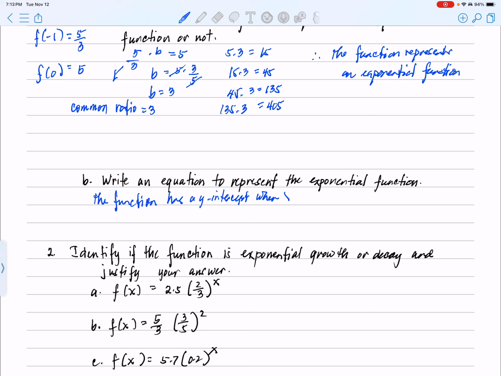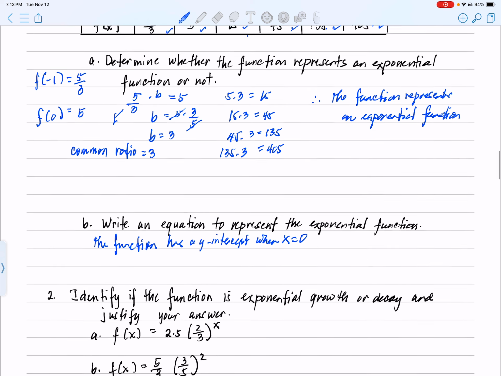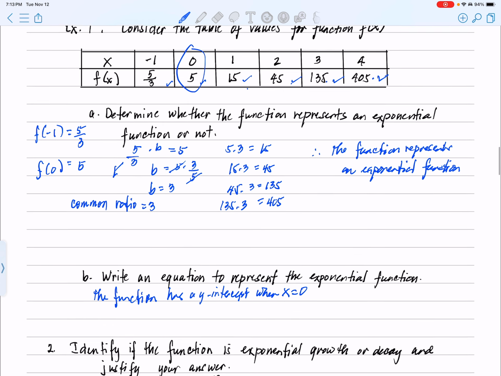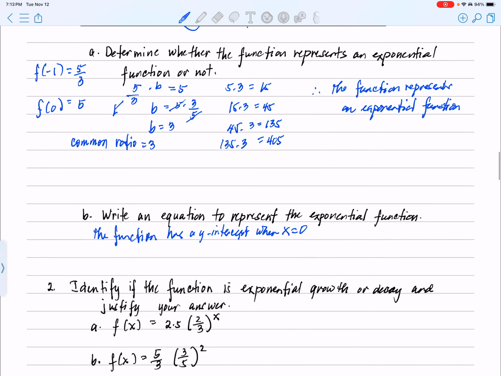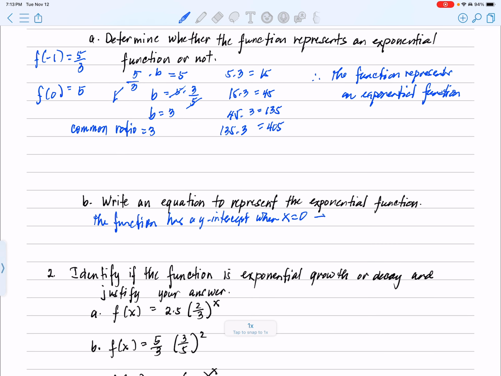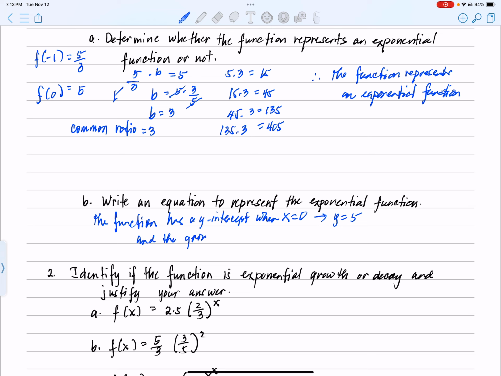Okay, let's look at this table right here. When x equals 0, y is equal to 5. And the growth factor, this is growth because it's increasing. The growth factor is how much? It's 3. That is our ratio. That's the growth factor.